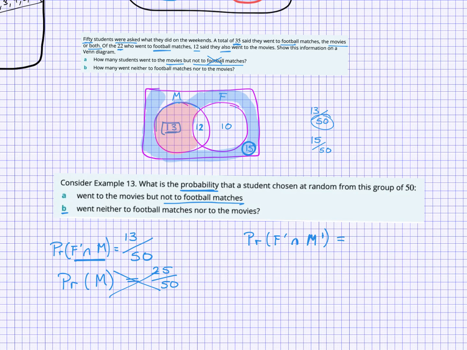So this is just that 15 out of 50. And if we can simplify, we should, and this one goes down to 3 out of 10. All right, so we can work on this notation, that's not a problem. But just keep in mind that the goal for today's lesson is to be able to pull probabilities out of Venn diagrams.